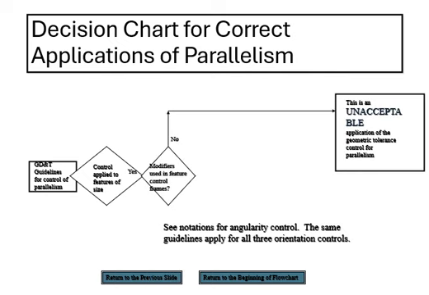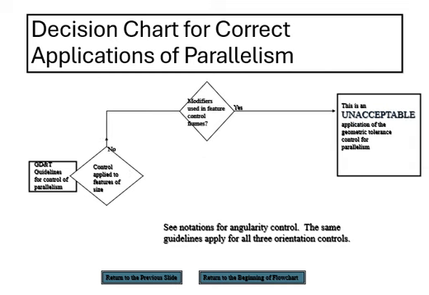You look at feature size or feature, it is feature size. Look at the modifier, you don't have the modifier. Since you don't have the modifier, we don't have to go into tolerance, it's not acceptable, yeah? Because every time you deal with a feature size, to control the parallelism you have to have a modifier, yeah? And when you don't have the modifier, we can't control the parallelism, okay?